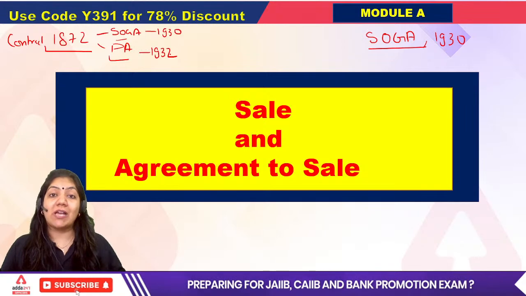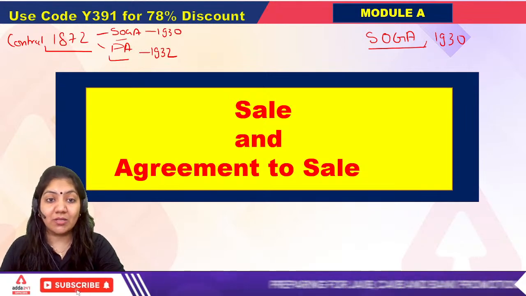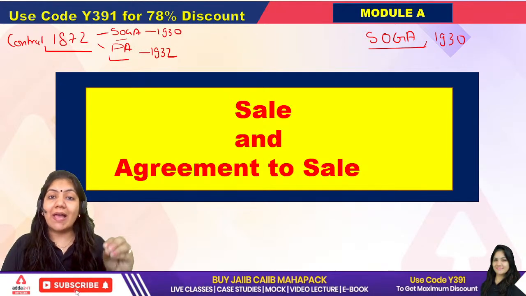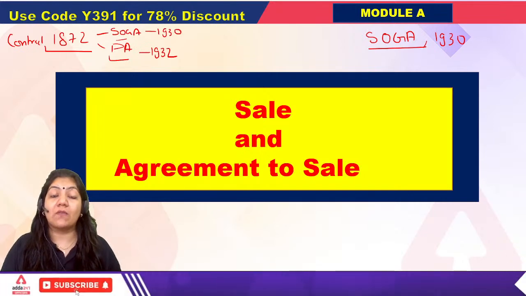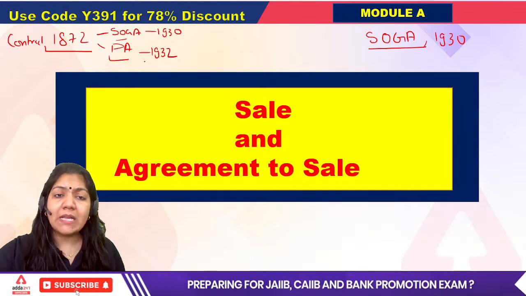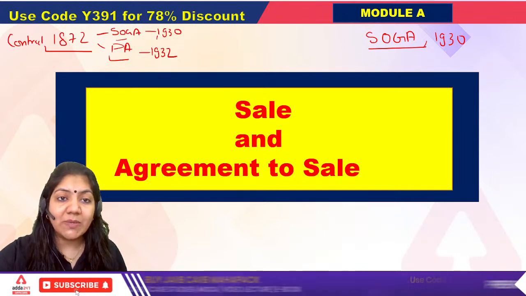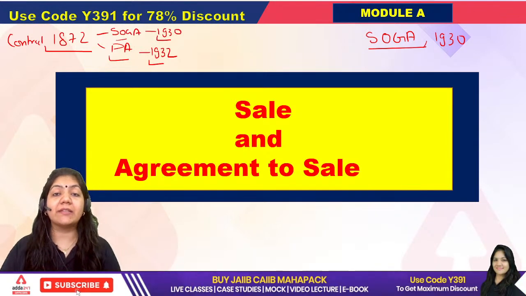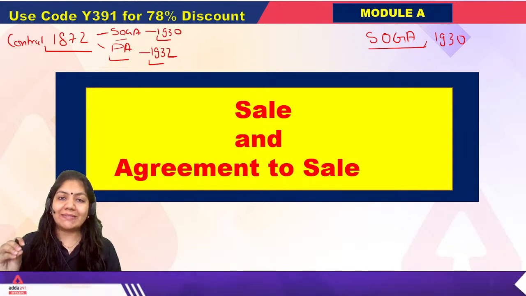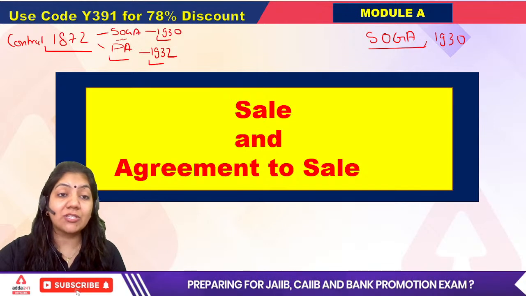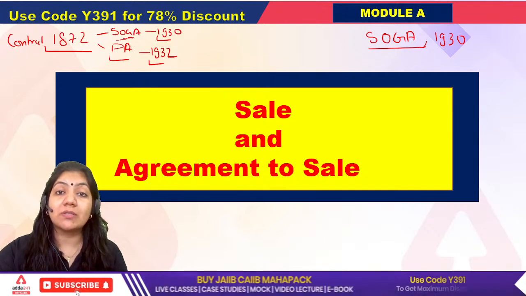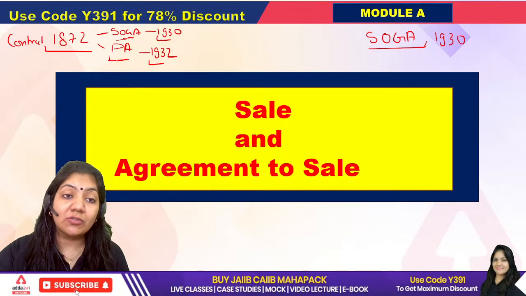A half-mark question may be asked whether SOGA and the Partnership Act were part of the Contract Act. Yes, they were, but why were they removed? Generally, many cases come related to goods and many related to partnership.